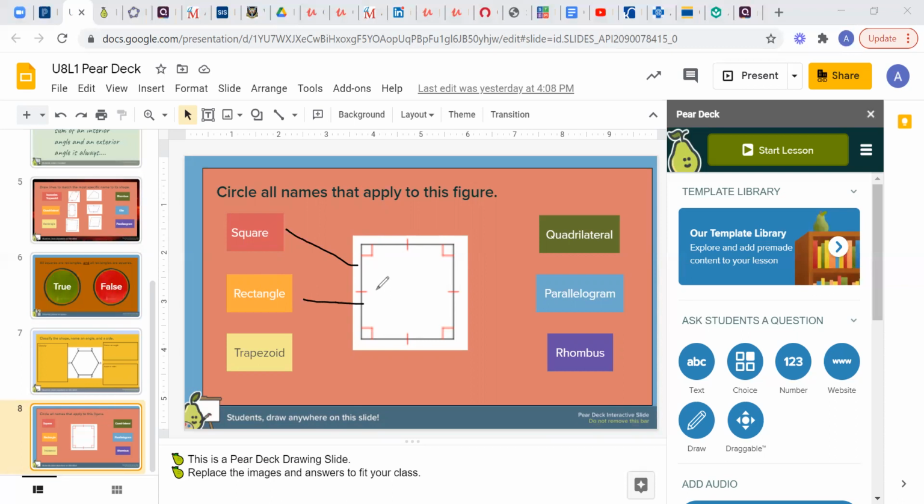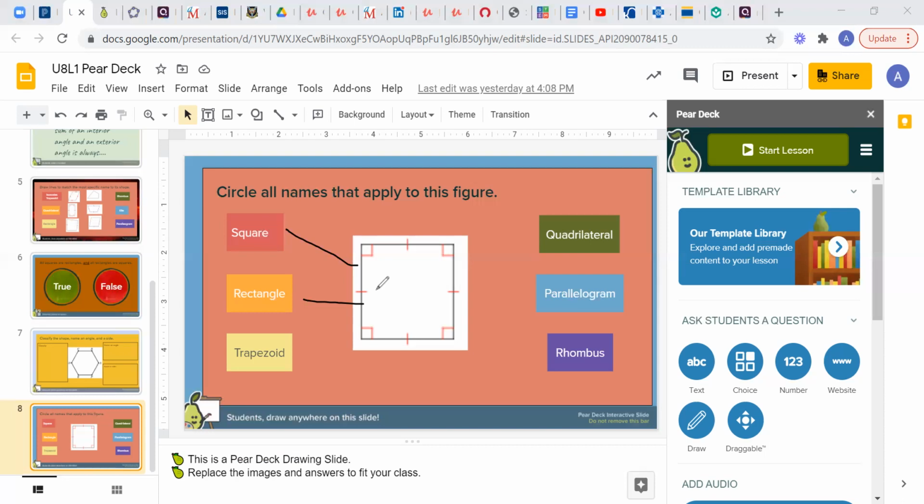Yes, a square is a rectangle, but a rectangle is not a square. So if you have a square, definitely you have a rectangle.